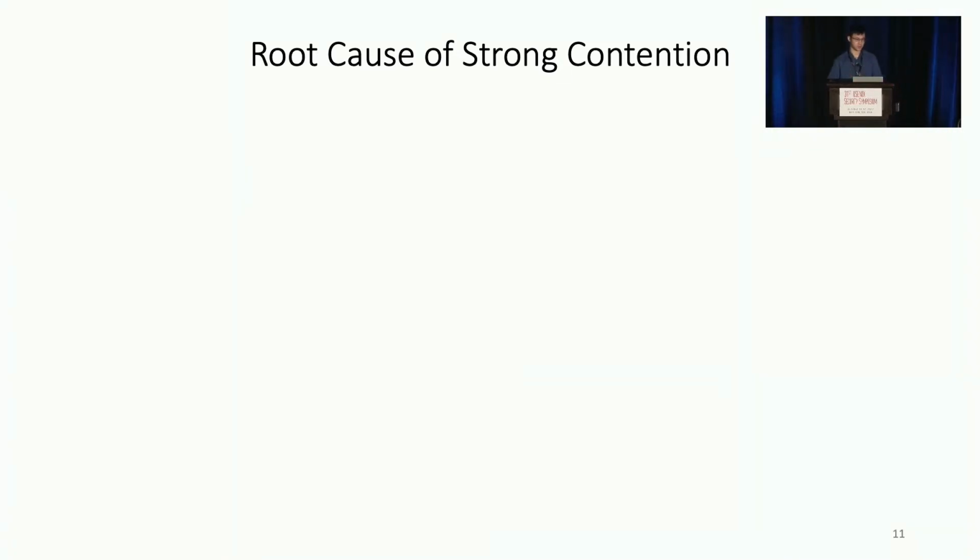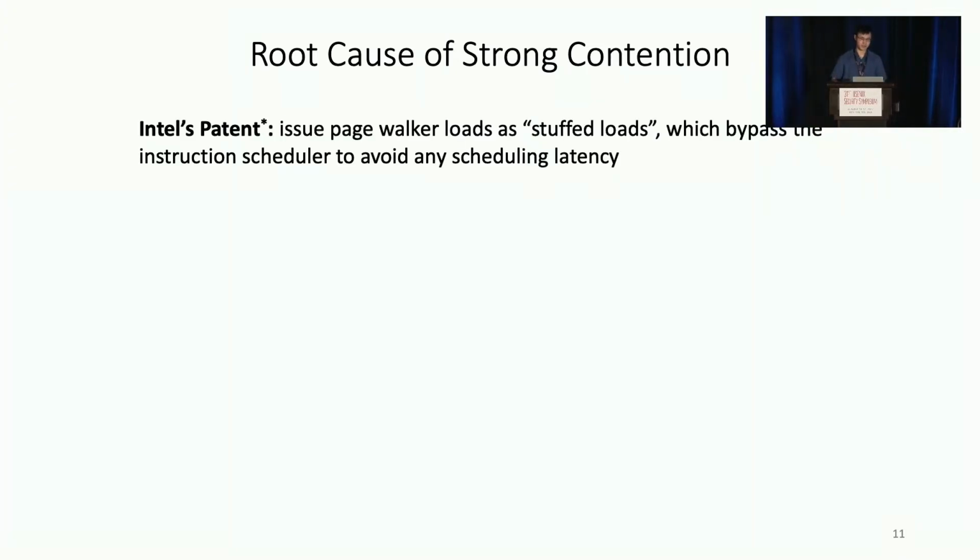Now it's time to discuss the root cause of this puzzling behavior. To answer that, we relied on performance counters, sometimes even undocumented ones, and Intel's patents. We found that the contention is a result of an optimization that issues page walker loads as stuffed loads, which bypass the instruction scheduler to avoid any scheduling latency.